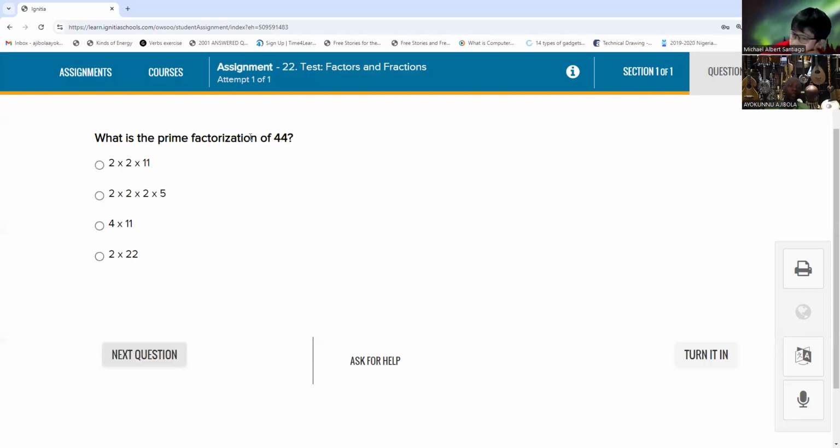What is the prime factorization of 44? Tell me. Prime factorization of 44. Four times 11. Yeah, but 4 is not a prime number. Try again.